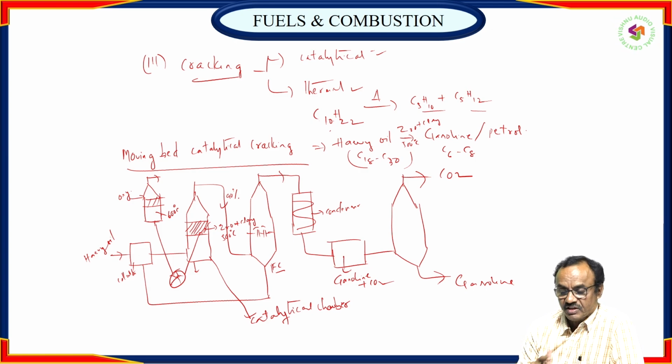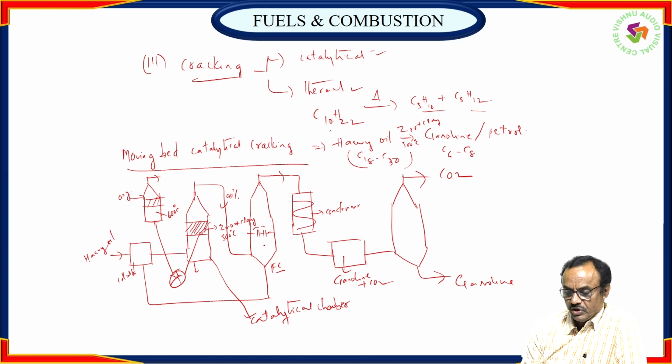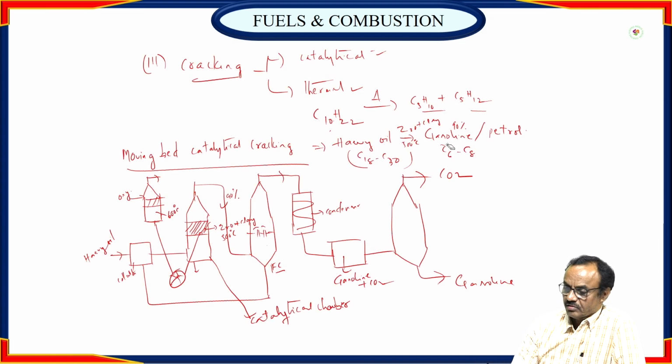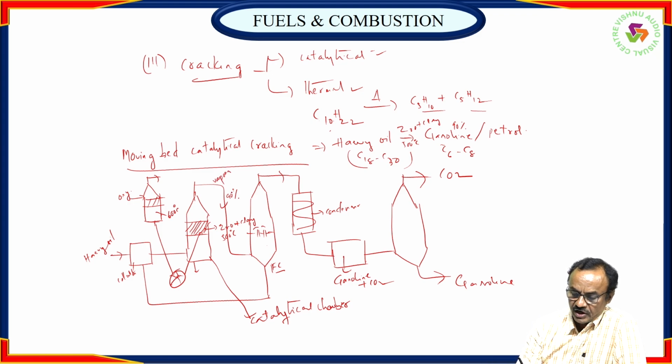So pass this up for the separation of the remaining 10% heavy unbroken fractions. We need to send it to the fractionating column. So you have 90% broken gasoline and 10% remaining unbroken heavy oil. Both are in vapor form. This vapor is composed of 90% gasoline and 10% heavy oil.